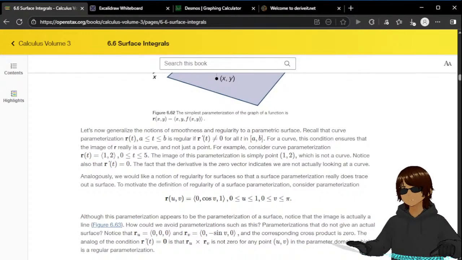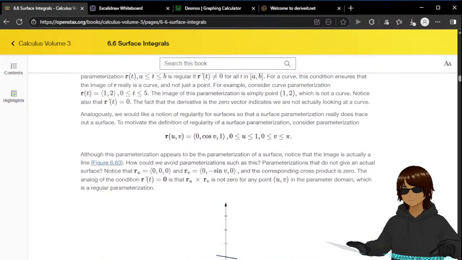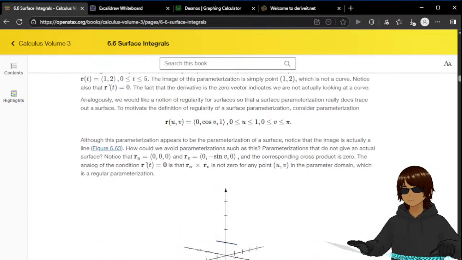Analogously, we would like a notion of regularity for surfaces so that a surface parameterization really does trace out a surface. To motivate the definition, consider the parameterization r(u,v) = (0, cos v, 1). Although this appears to be a parameterization of a surface, notice that the image is actually a line.